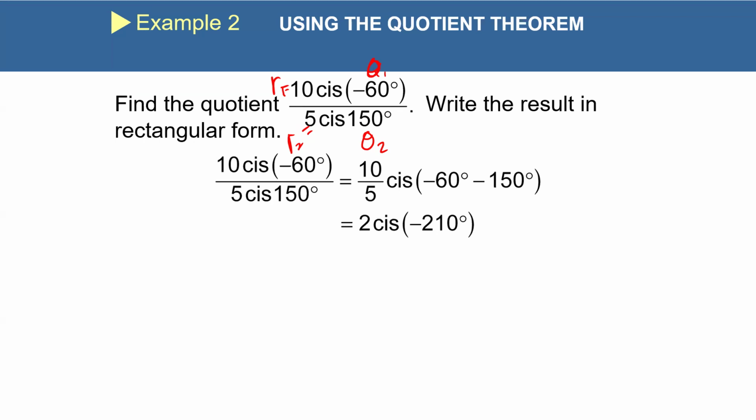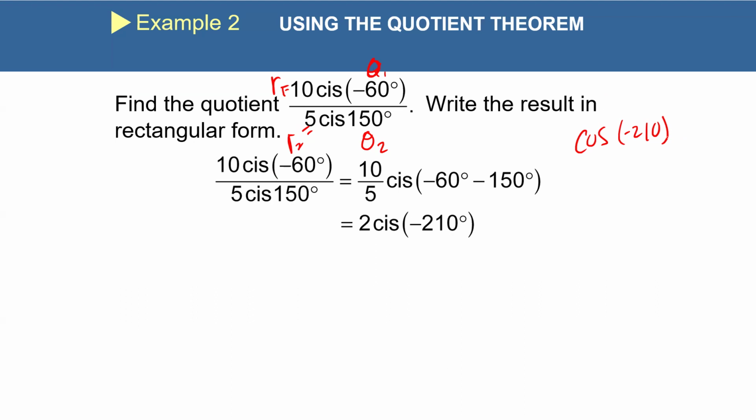Okay, so we're asking ourselves, what is the cosine and sine at -210? So we know that if we're looking for the cosine of -210, it's the same as what? Where's positive? Where's -210?